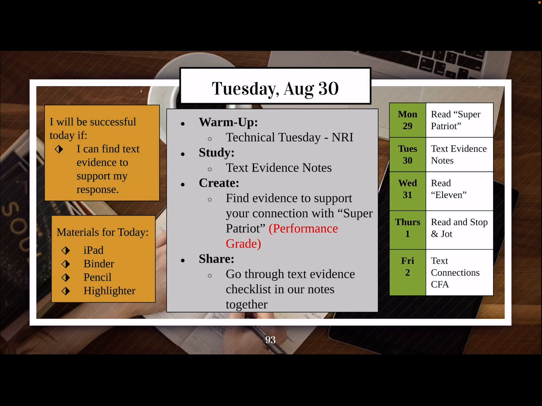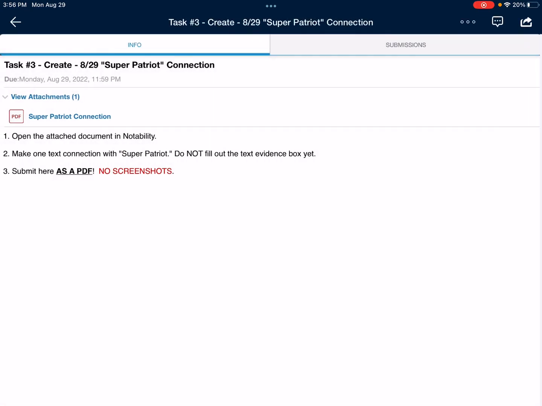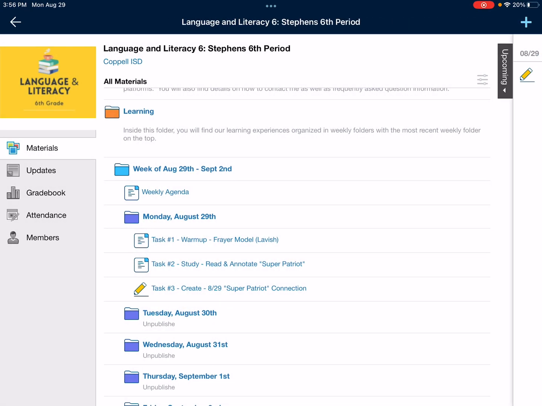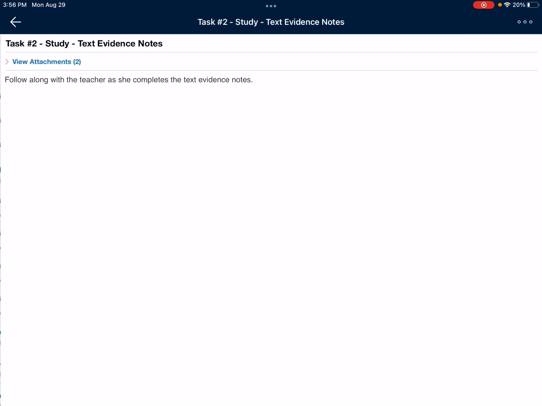Okay, at this point, you should be finished with your warm-up and you are now on the study. Please make sure you receive a handout from the substitute teacher for your text evidence notes. Your notes should be on paper.